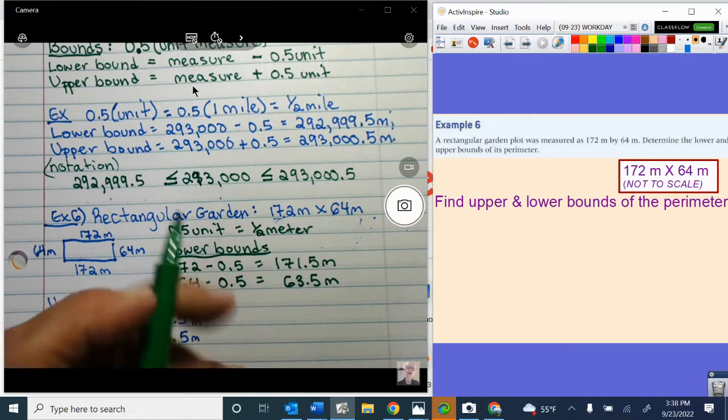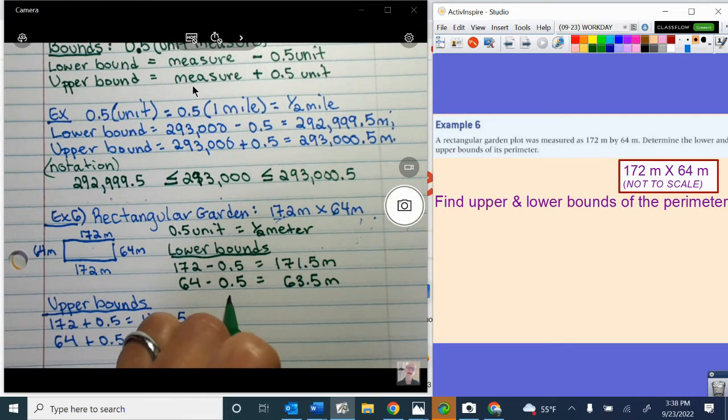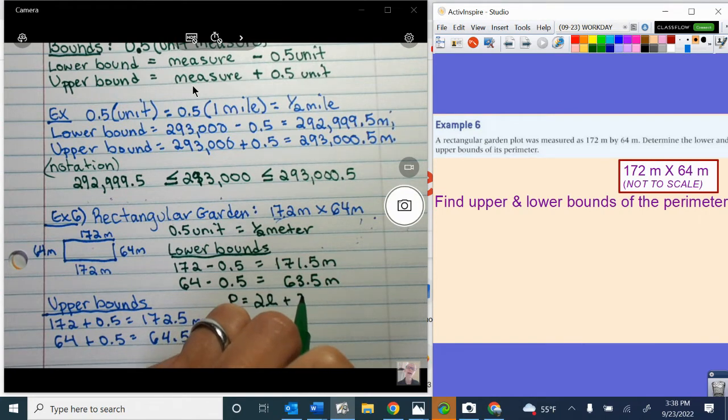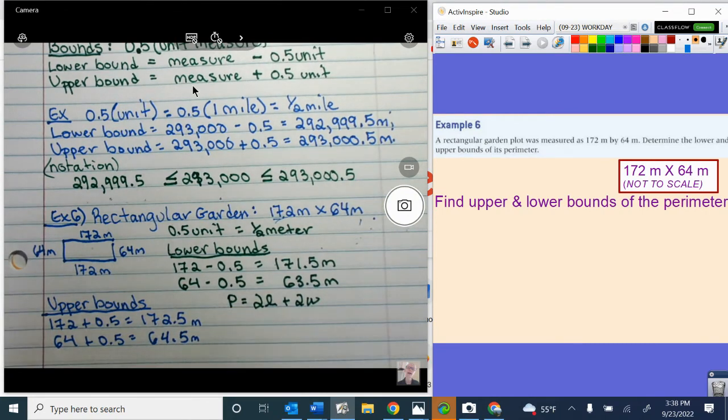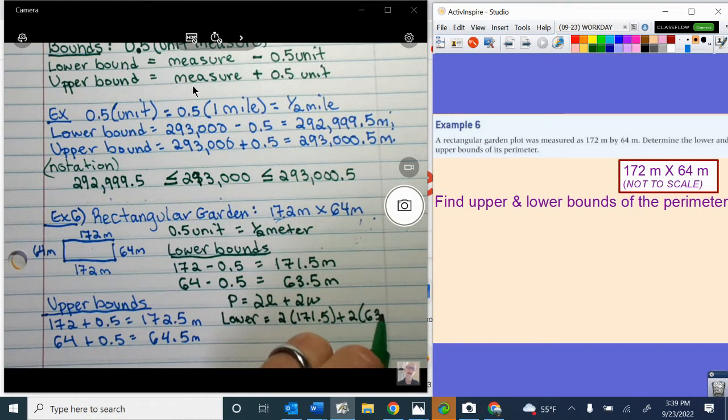So then when we find that calculation, perimeter, 2 times the length plus 2 times the width, we would have 2 different representations. Using the lower, 2 times that 171.5 plus 2 times 63.5.